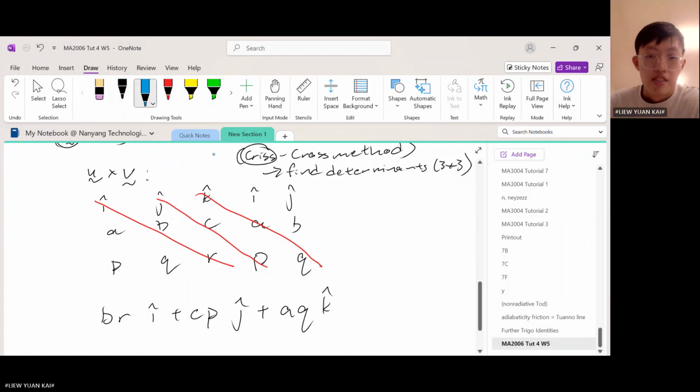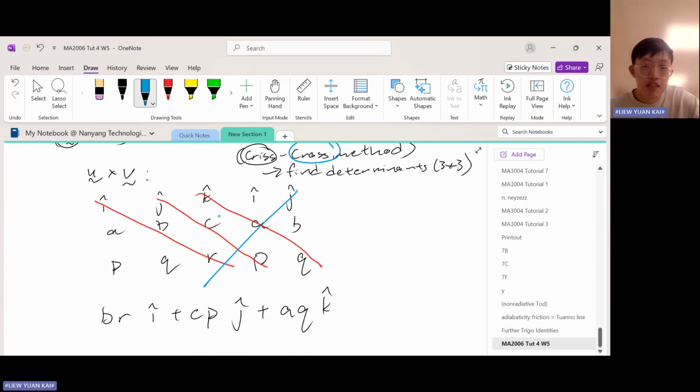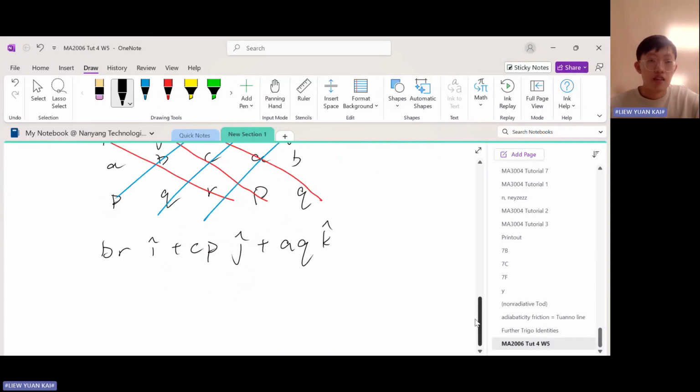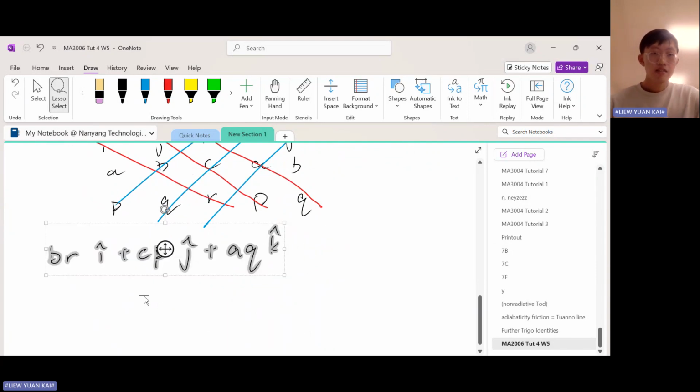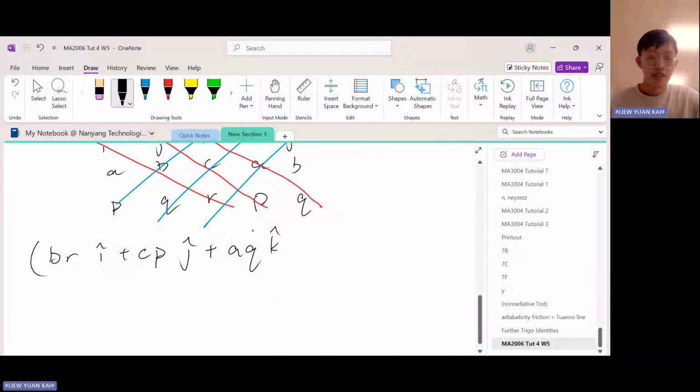Next we need to do the crosses. The crosses are in the opposite direction. What we need to do is take this minus the crosses.